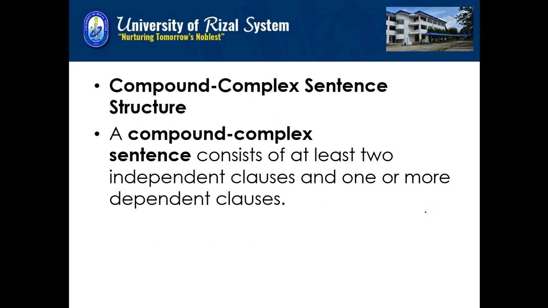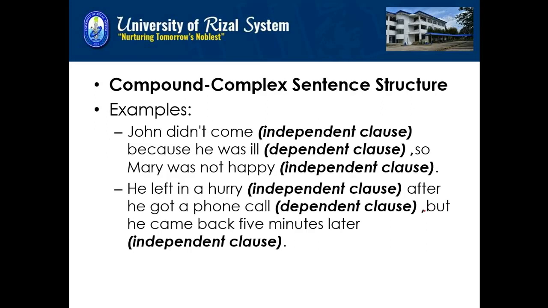Okay, now a compound-complex sentence is a combination of at least two independent clauses and one or more dependent clauses. So we have combined compound and complex. For example, "John didn't come." John is an independent clause because we have a subject-predicate structure. "Because he was ill," introduced by the subordinator "because."